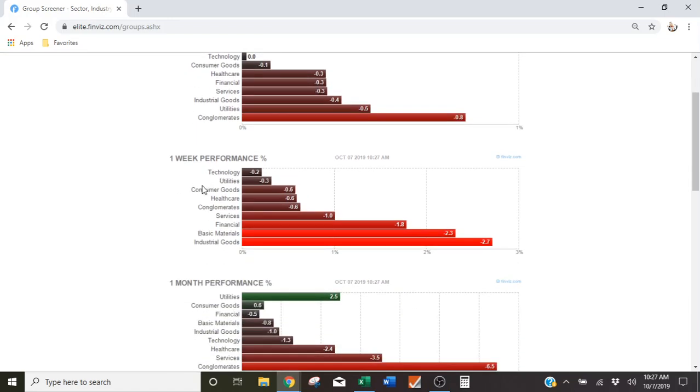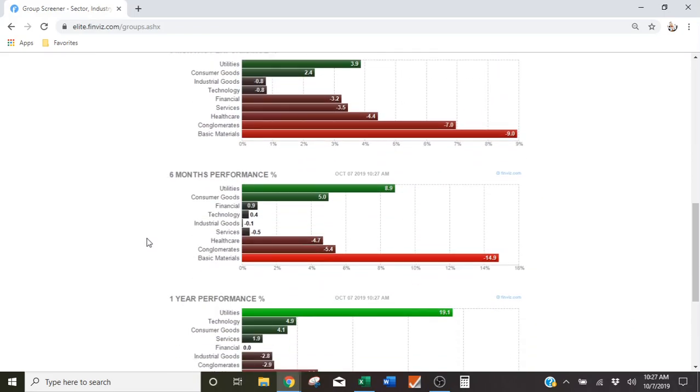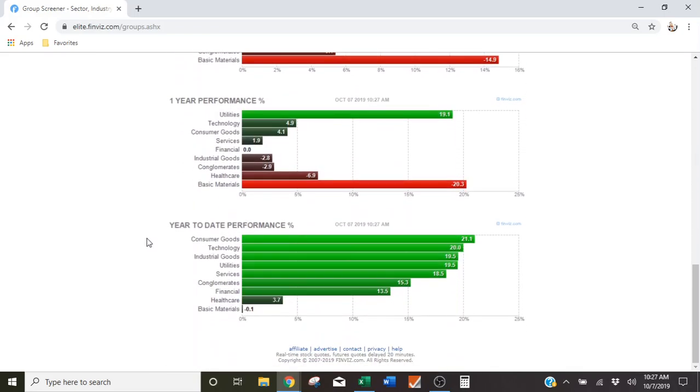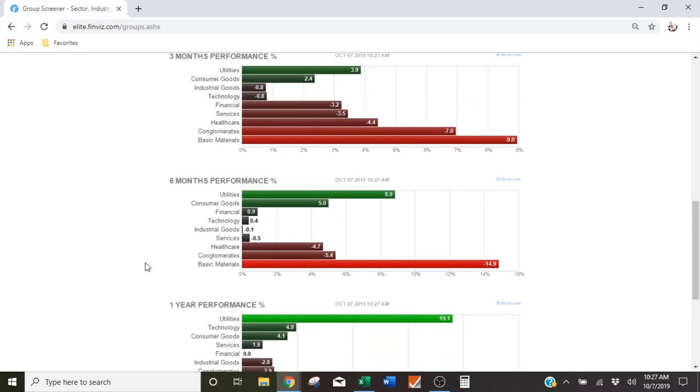The weekly performance, monthly performance, 3 months performance, 6 month performance, yearly performance, and year-to-date performance. So you can go and look and see which one of these sections are doing good, within each time frame you want.